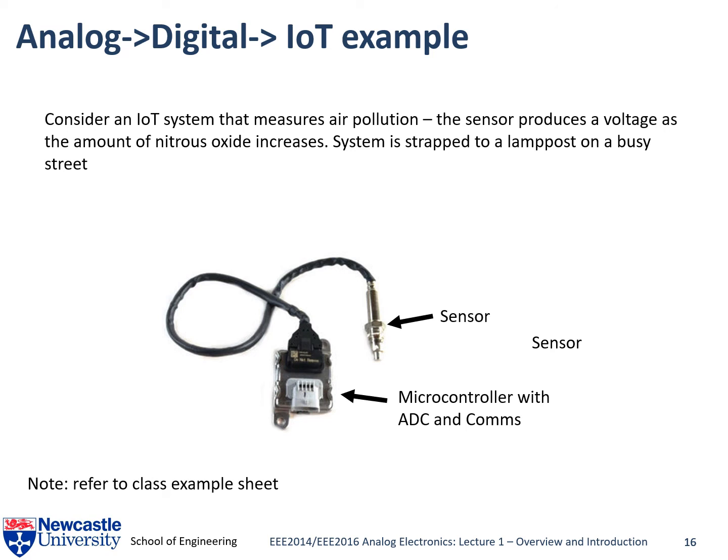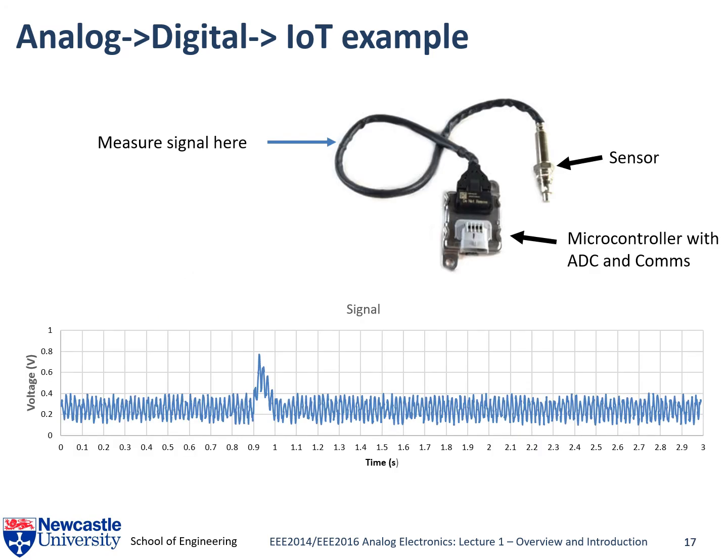So you typically have a system where you have a sensor that might measure, for example, the nitrous oxide which is emitted by the car, and that will then feed into a microcontroller through an ADC that then has some kind of communications system. So these are a very important class of problems that we can directly address through the use of analog electronics.